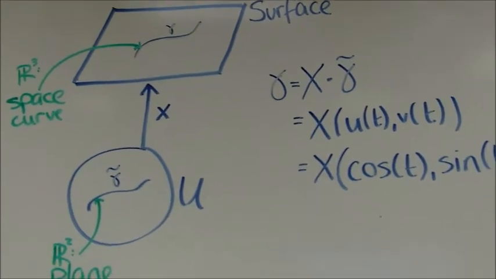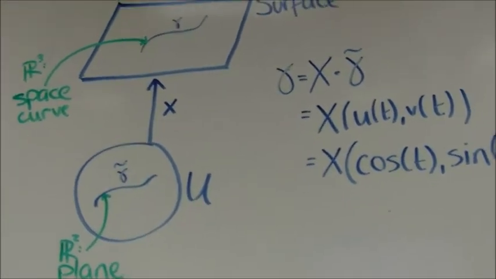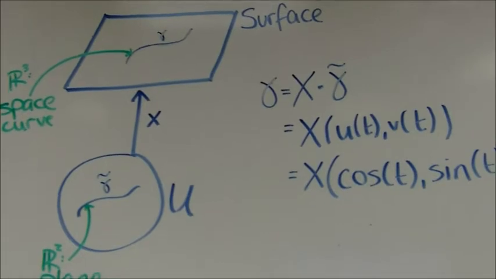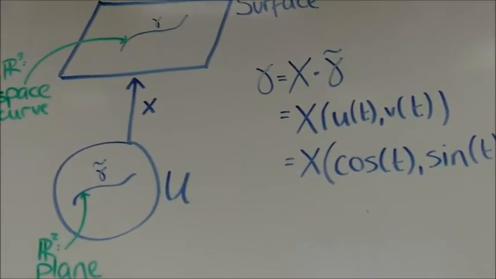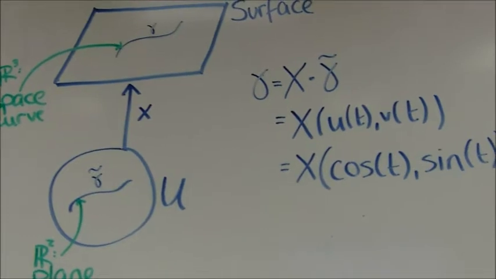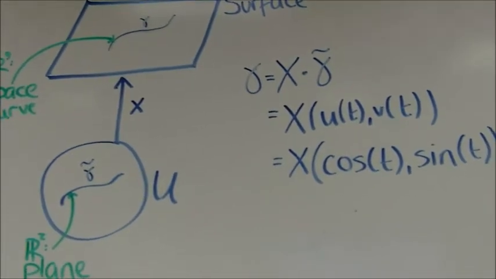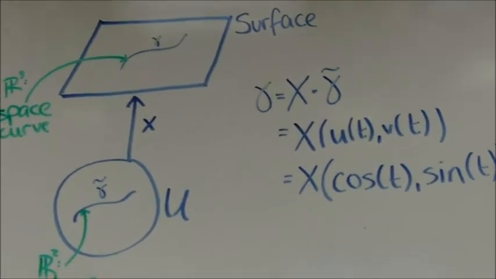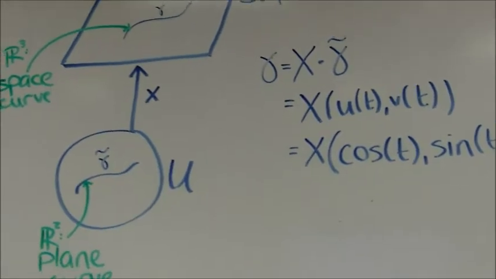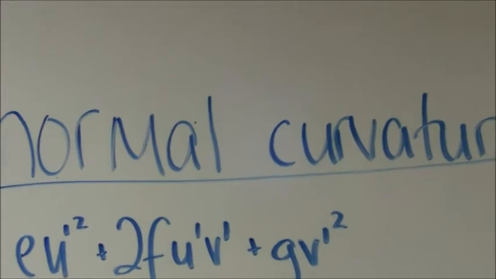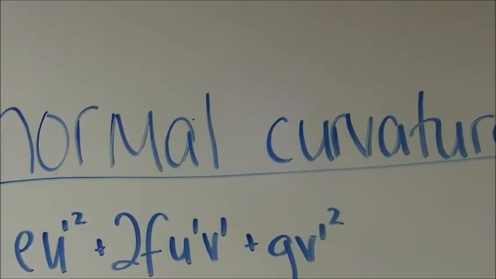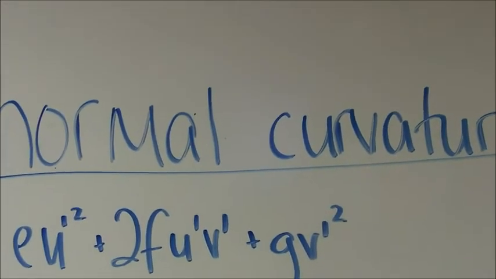We can see that our space curve lies on the surface by considering the parameterization demonstrated by the following diagram. By plugging in u of t equals cos t and v of t equals sin t into our surface, we obtain the exact equation for our space curve. The normal curvature of a curve is defined to be the curvature of the curve projected onto the plane containing the curve's tangent and the surface normal.